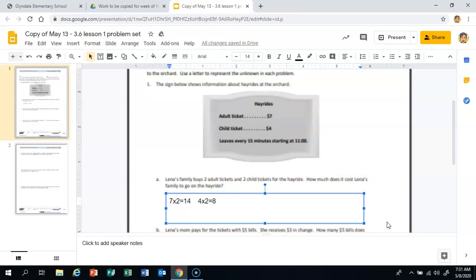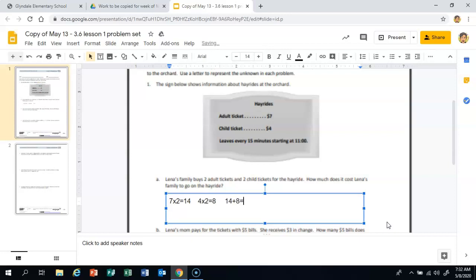But it wants to know in total how much Lena's family paid to go on the hayride. So we've got to take it apart or put it together. We have to put it together because they want to know how much in all. So then we have to take the $14 and add the $8.